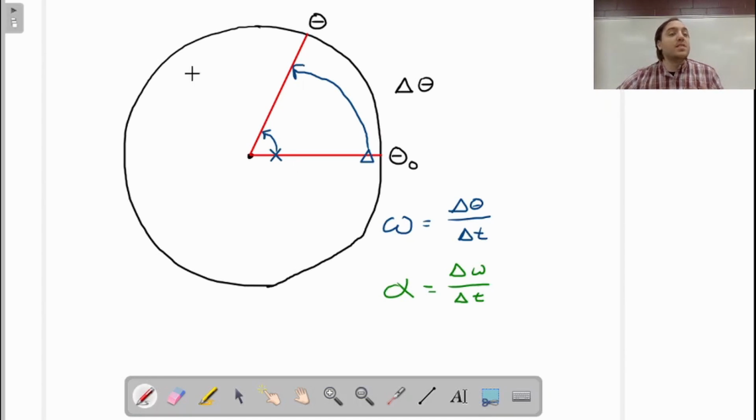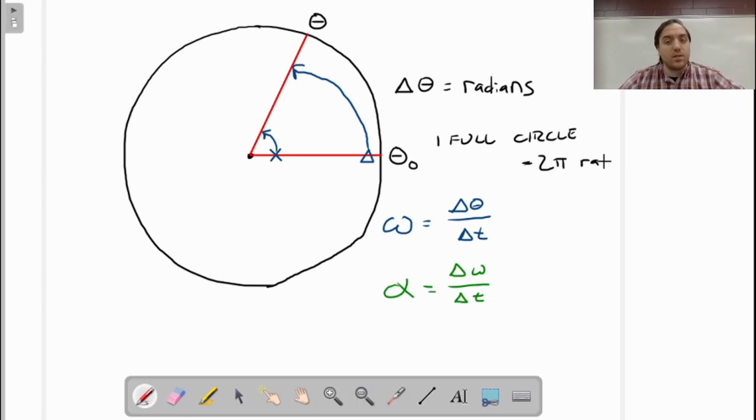Some notes on units. Because we're not talking about a distance anymore, because we're talking about the amount of a circle we go through, we use the units of radians to talk about our angles. One full trip around a circle is 2 pi radians. Now, radians themselves aren't a unit, they're dimensionless.